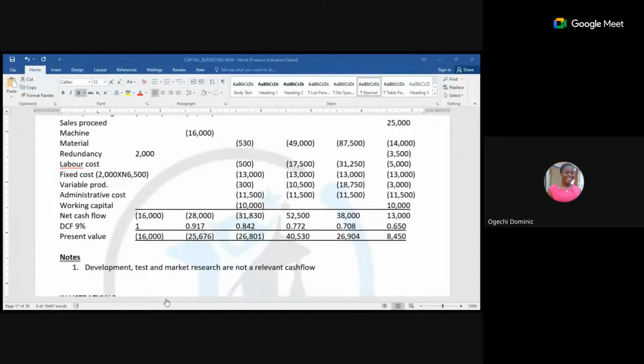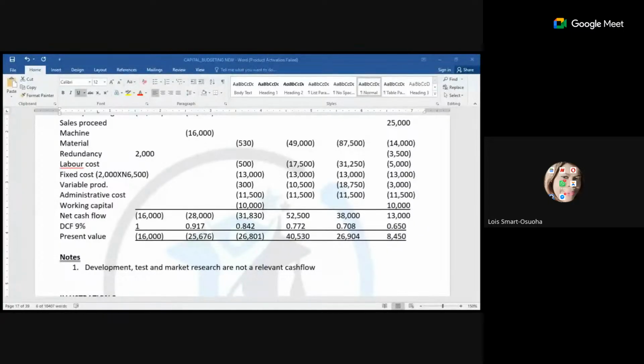You are putting 52,500. I think. Is it not negative? It's not negative. Please, how did you get the present value? What exactly are you doing? I understand the rest. Sorry, I'm just joining.